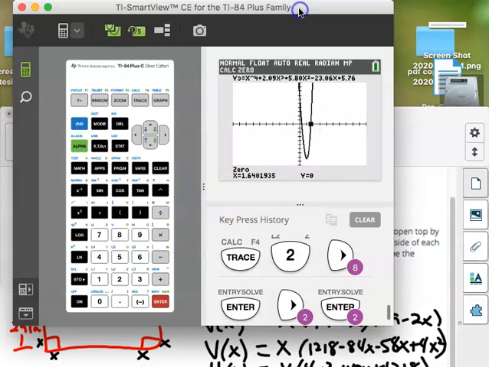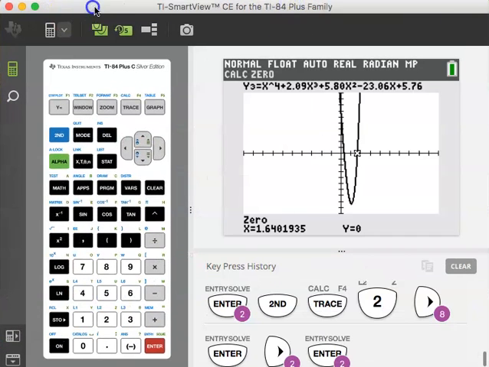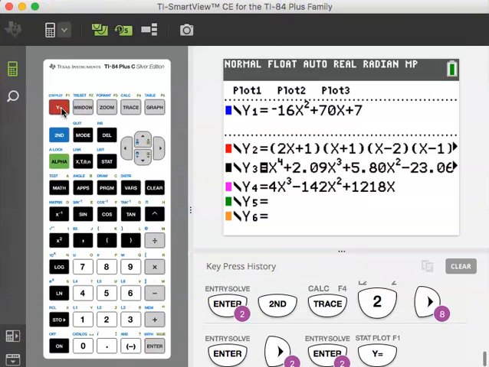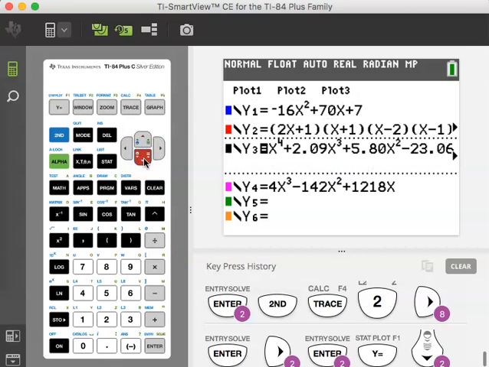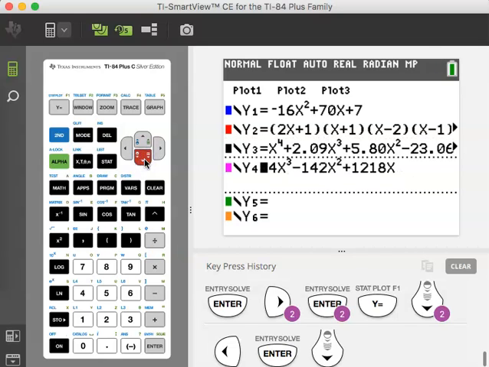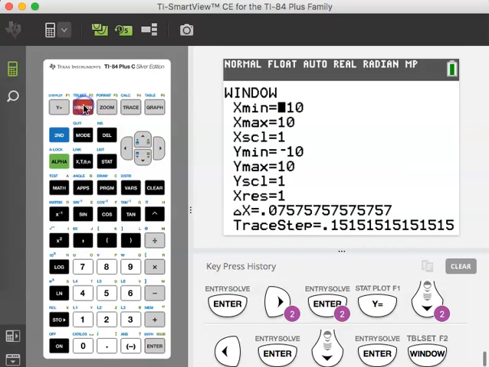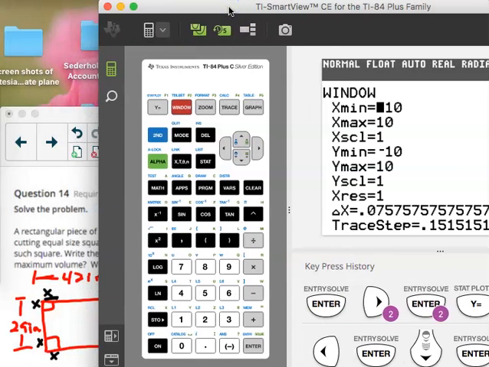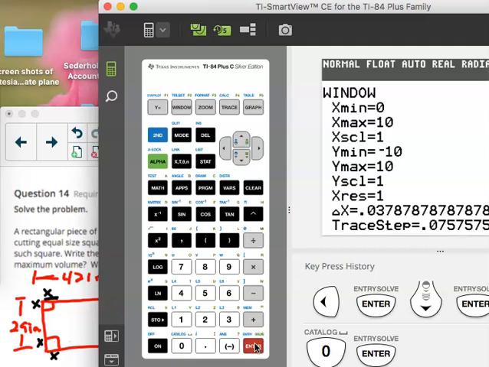So in the calculator it goes, and I believe I already have that one in here as well. Yes, I do. So I'm going to turn this one off and go down and turn this one on. And again, that's 4x cubed minus 142x squared plus 1218x. So now I'm thinking about the window, and I remember that we had 42 minus 2x and 29 minus 2x.